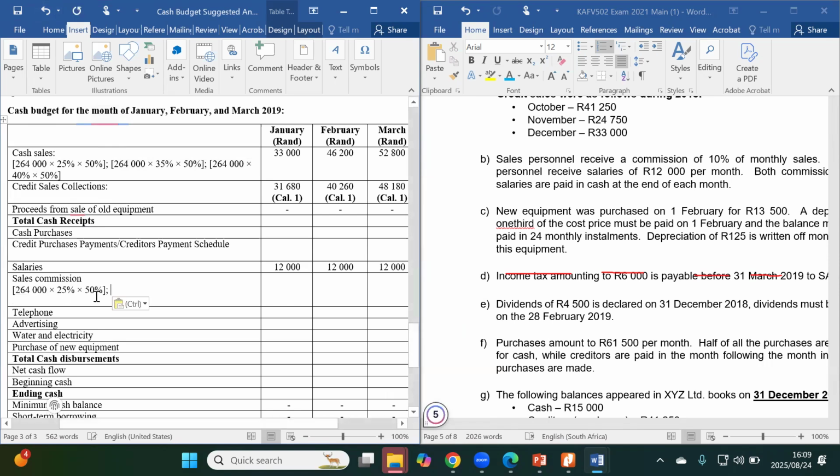So for this particular one, it would be 264 times 25% times 10% so that we get the sales commission for the month of January.